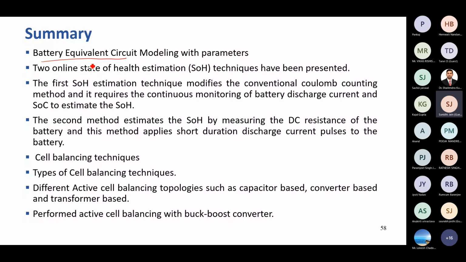When we go for any study of this battery, basically we have to understand the modeling of that battery, and only then can we go further for extending our characteristics. Whatever cell balancing method we have discussed, we have taken only the voltage parameter. On the same basis, we can estimate the SOC characteristic also.